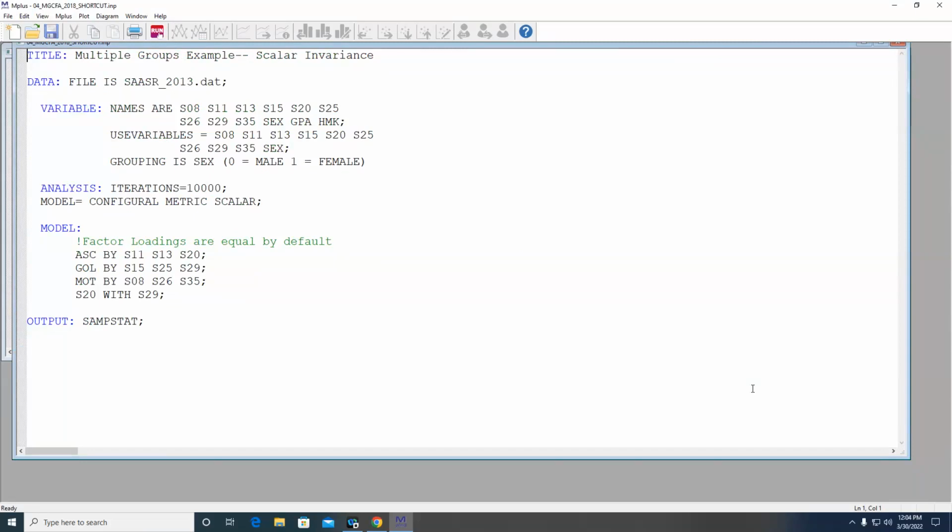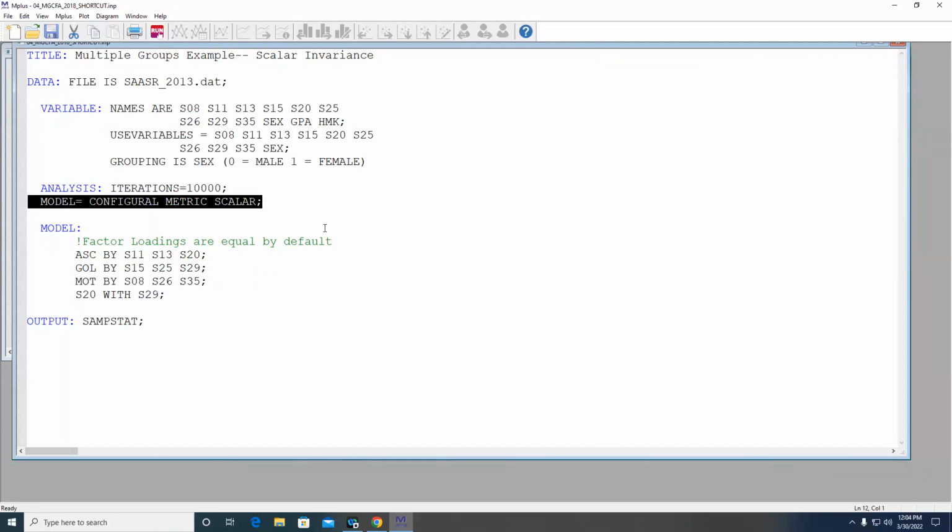So I've given you a handout about this. And you can see the line. Now I don't have model female anymore, but I do have this line that says model: configural, metric, and scalar.